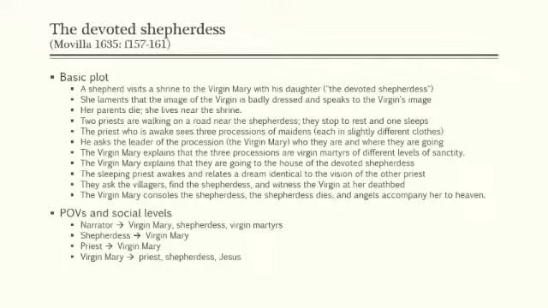So there are actually a lot of points of view in this story. A lot of different people speak to each other, a lot of different social levels. So the narrator talks about the Virgin Mary, the shepherdess, and the virgin martyrs. The shepherdess speaks to the Virgin Mary. The priest speaks to the Virgin Mary. The Virgin Mary speaks to the priest, the shepherdess, and she also refers to her son Jesus.